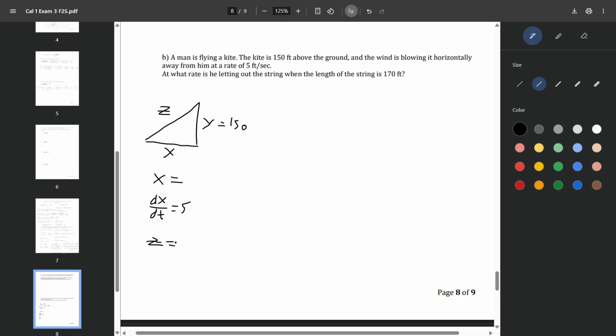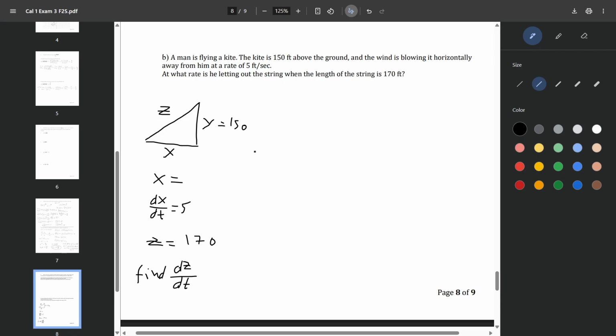Our z seems to be 170, and it seems that this question asks us at what rate the person is letting out the string, so in this case the hypotenuse of the triangle. So in this case we are trying to find dz over dt.